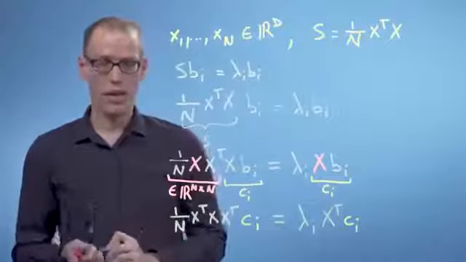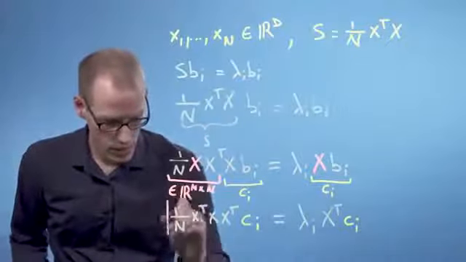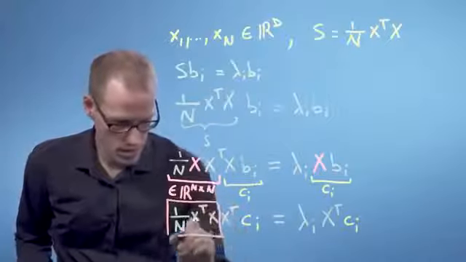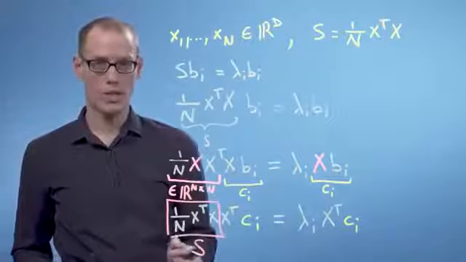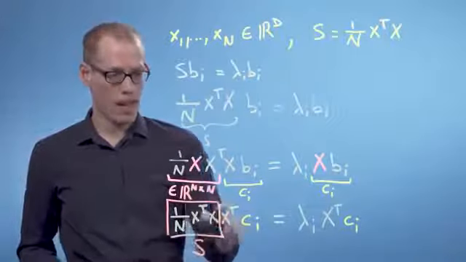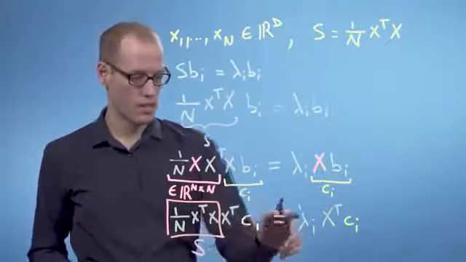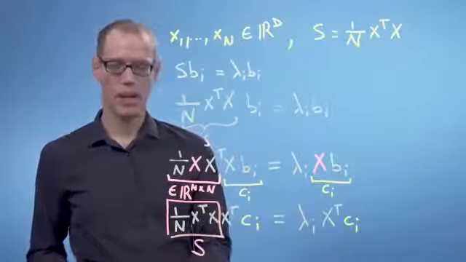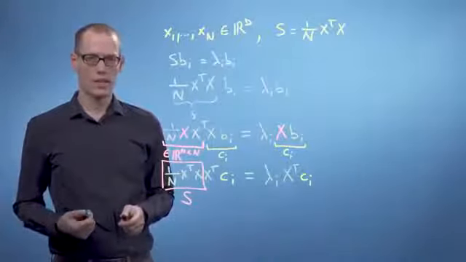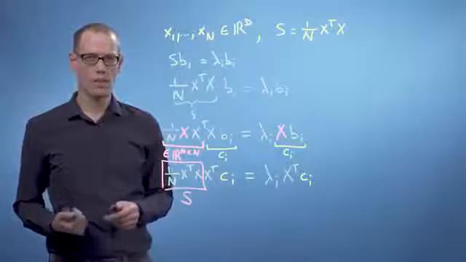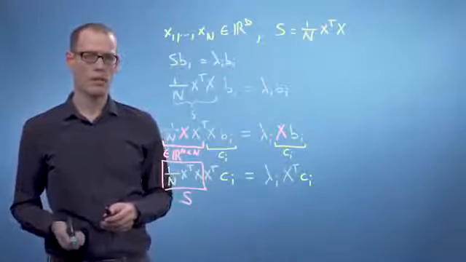And now we find our S matrix again. This is S. And this also means that we recover X transpose times Ci as an eigenvector of S that belongs to the eigenvalue lambda i. In this video, we reformulated PCA such that we can efficiently run PCA on data sets where the dimensionality of the data is substantially bigger than the number of data points.